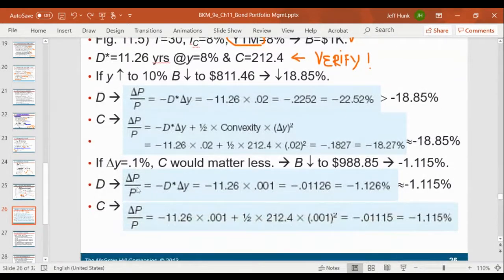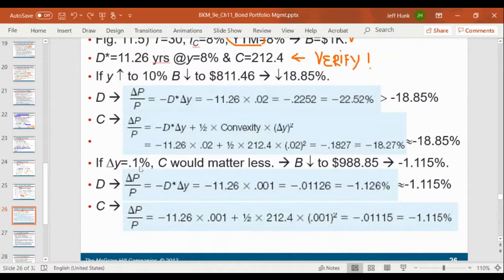So using that small percentage, 0.1% is 0.001. The drop is negative 1.126.